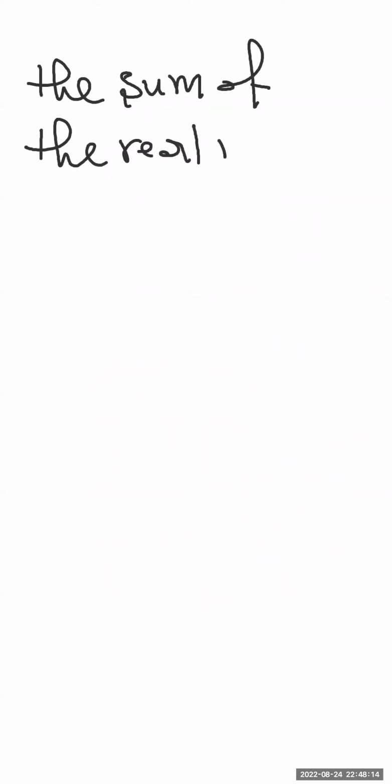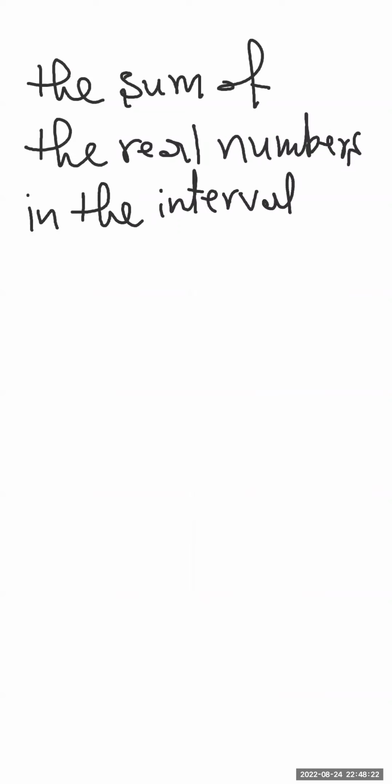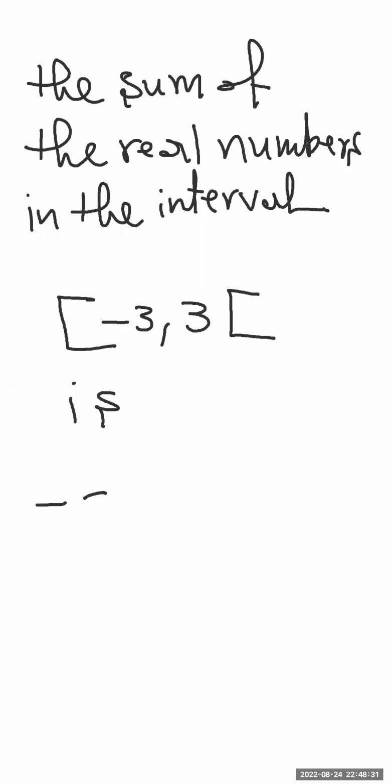The sum of the real numbers and the interval -3 and 3 is: -6, -3, 0, 6. Think very well before you choose the answer. -3, sir.